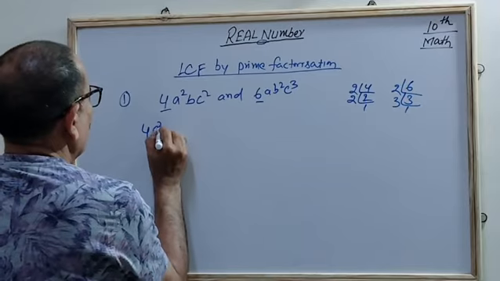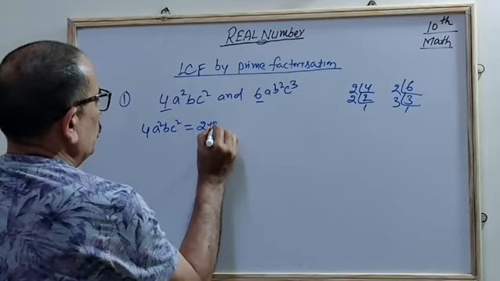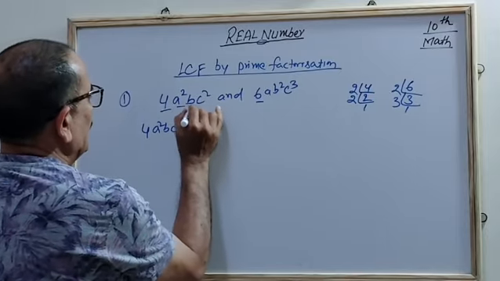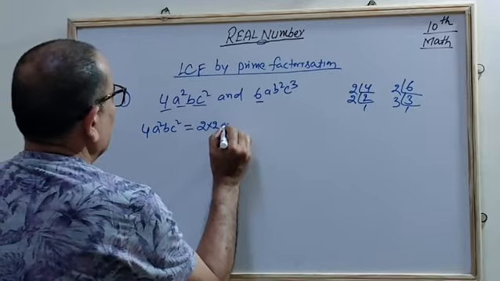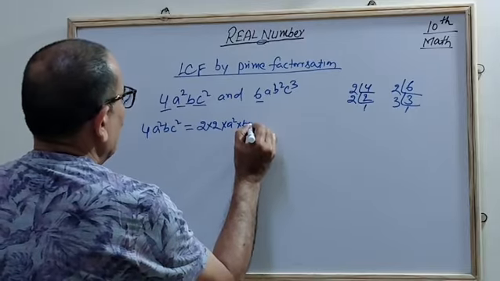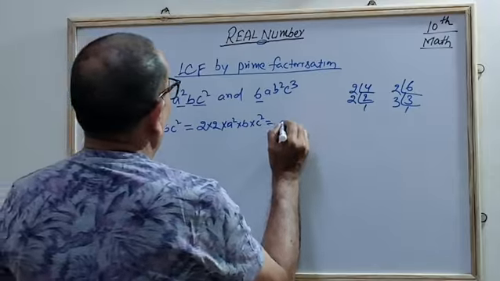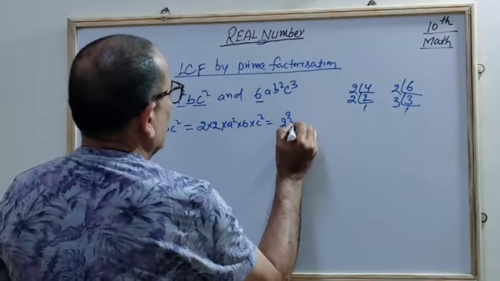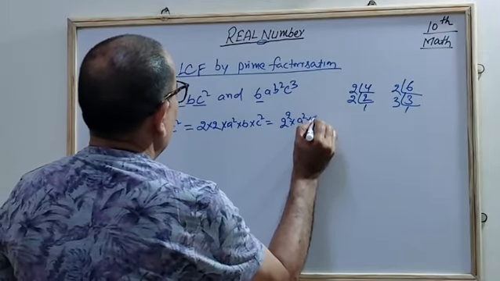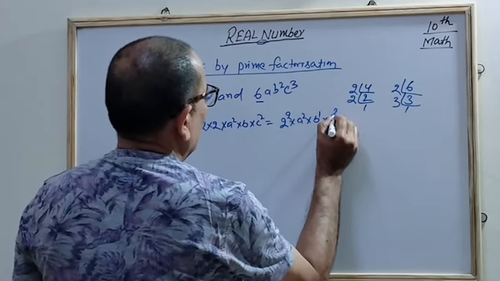So you will write 4a square bc square as 2 into 2, and the rest is already in exponent form. Keep it, multiplied by a square into b and into c square, whatever is there. So write in the exponent form: 2 square into a square into b to the power 1 and c to the power 2.